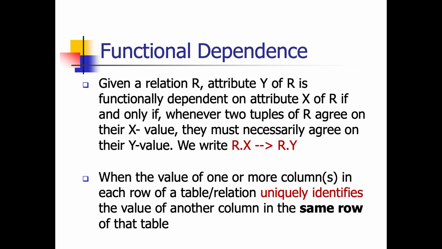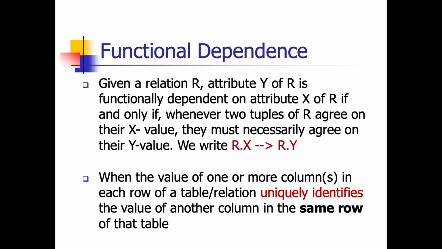If a column depends on only part of your primary key, then, like in the previous example, if in your enrollment table you have course name or student name, student name depends on only student ID, which is part of your primary key.